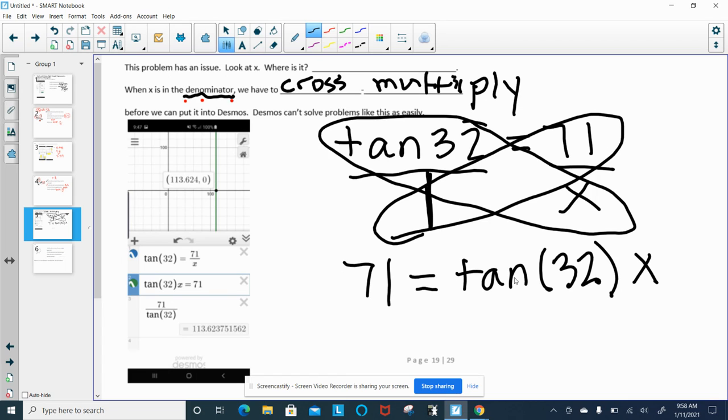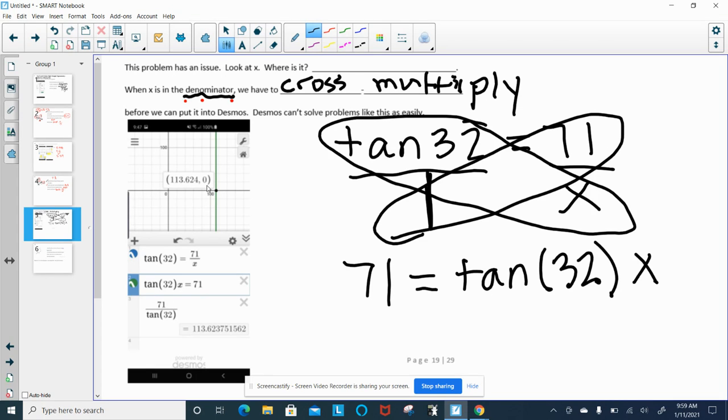Now, if you look to the left here, you'll see that I typed that in. And that's going to give me a green curve with an answer, which is great. That's great. We don't have to worry now once we've cross multiplied. But when x is in the denominator, notice that there is no blue line. It doesn't know how to solve that.